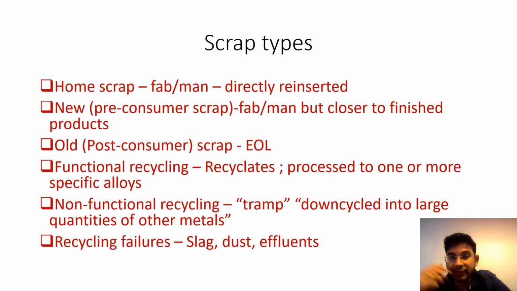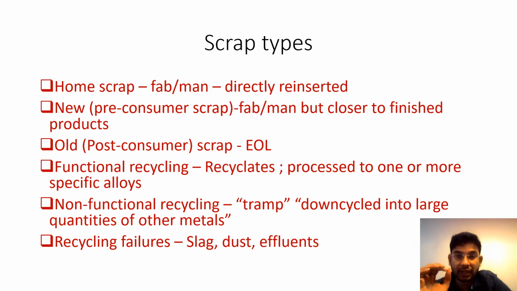The key thing here is that, let's say you have a steel, a particular type of steel, austenite. You can take that steel and you recycle that steel to produce one or more specific alloys. So what you're doing here is that you're trying to functionally recycle the steel.